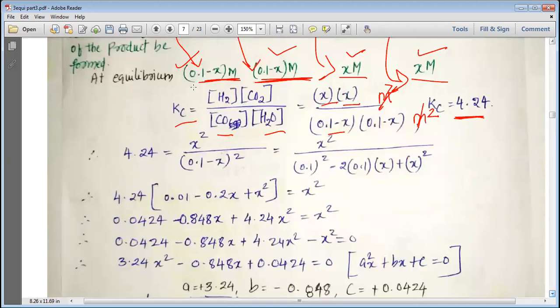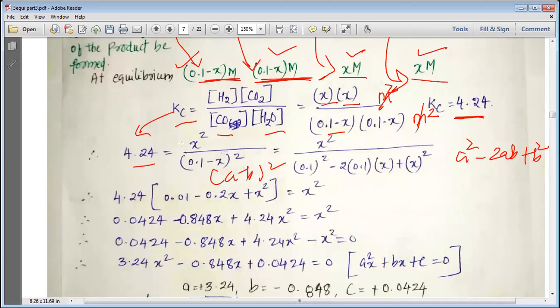Therefore, by putting the value of Kc as 4.24, we have x square divided by (0.1 minus x) whole square. That is x square over 0.1 square minus 2 into 0.1 into x plus x square. This is like a square minus 2ab plus b square for the equation (a minus b) whole square. That is how we have formed.